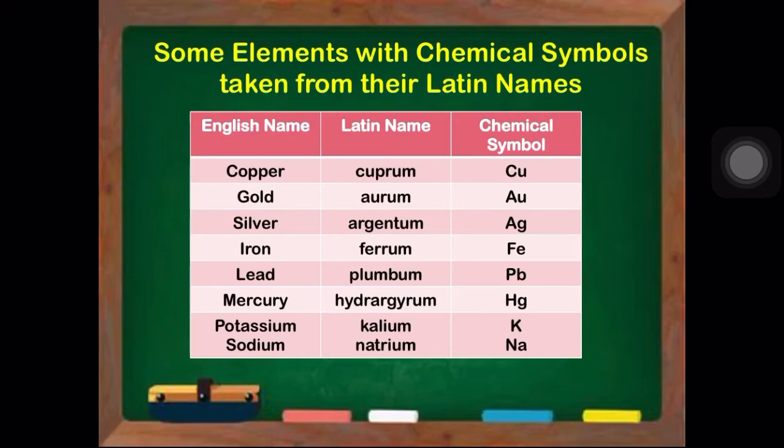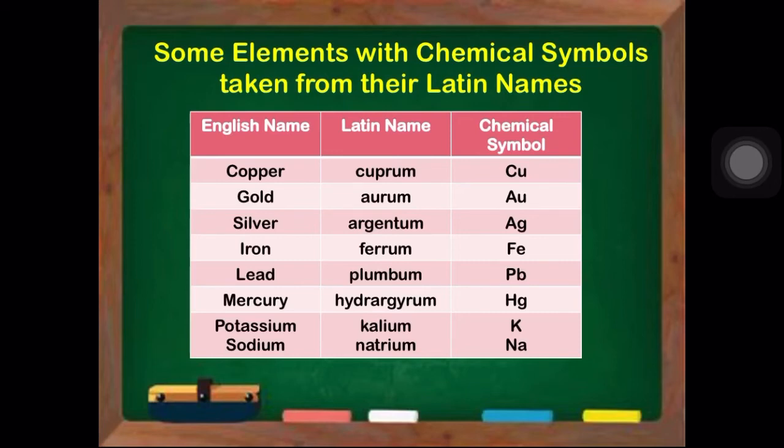Iron, from Latin name ferrum. Chemical symbol, from the first letter of the Latin name and the second letter. Capital letter F and small letter e. Lead, from Latin name plumbum. Capital letter P and from the fifth letter of its Latin name, b. So Pb.